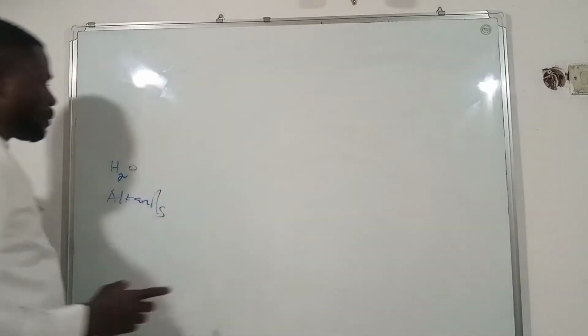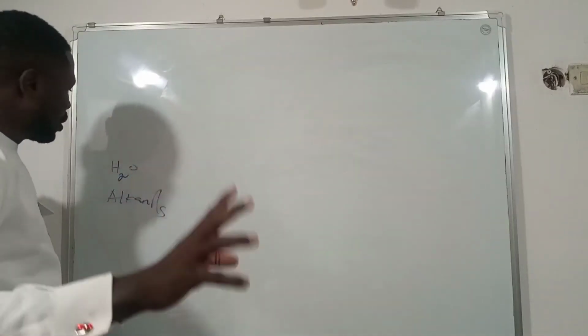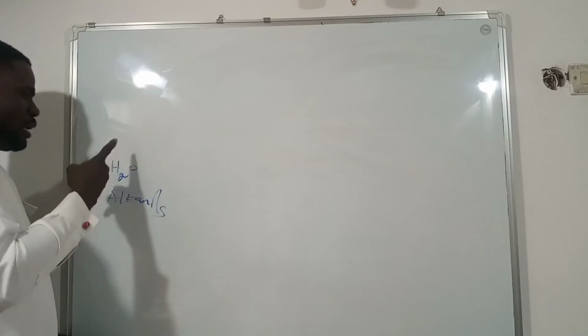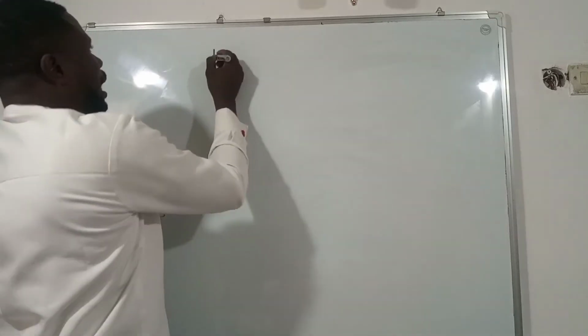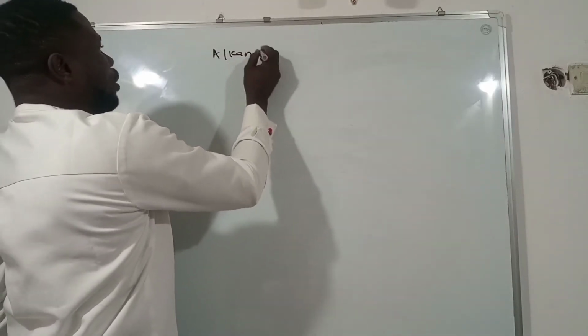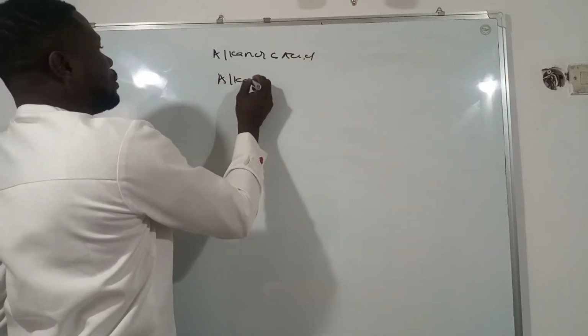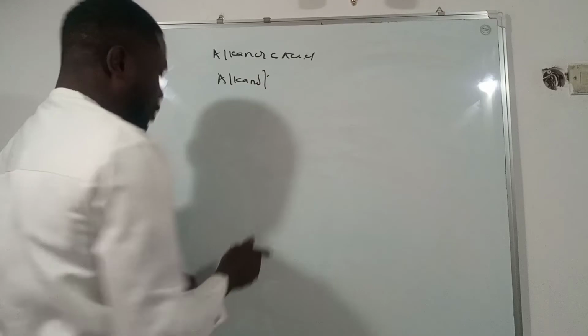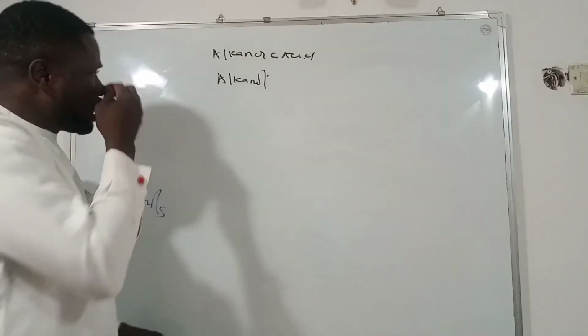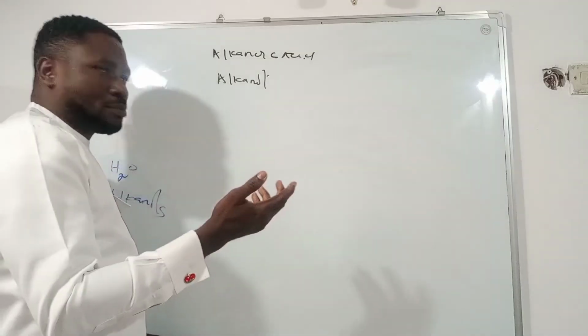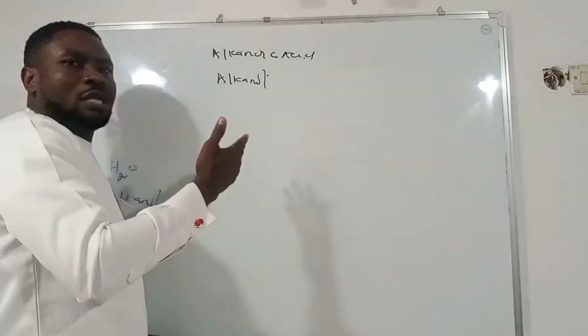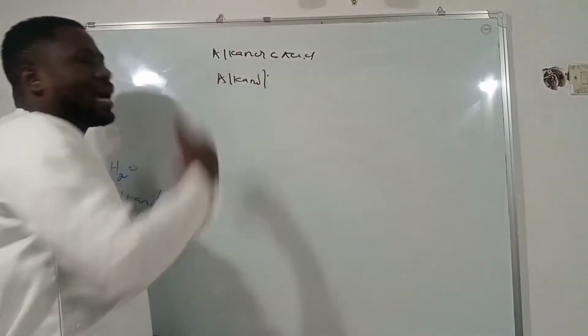Now, quickly, I want to tell you, sometimes you will see questions like between alkanoic acid and alkanol. They will tell you in some exams to account for or explain why there is a higher boiling point in alkanoic acid than alkanol.